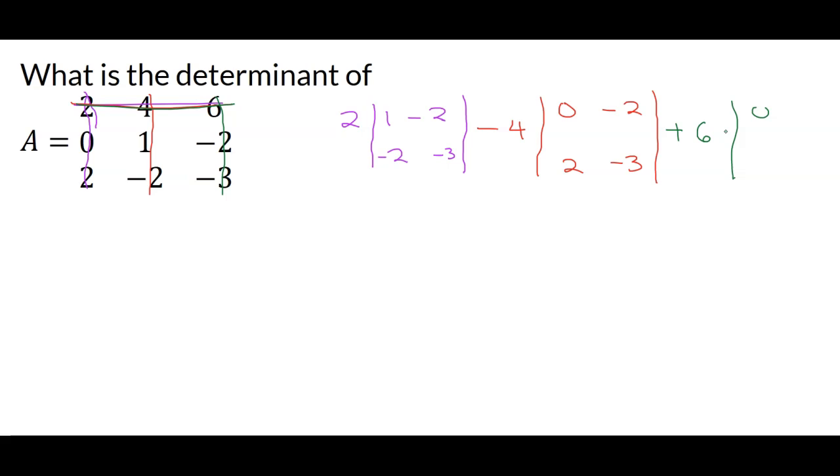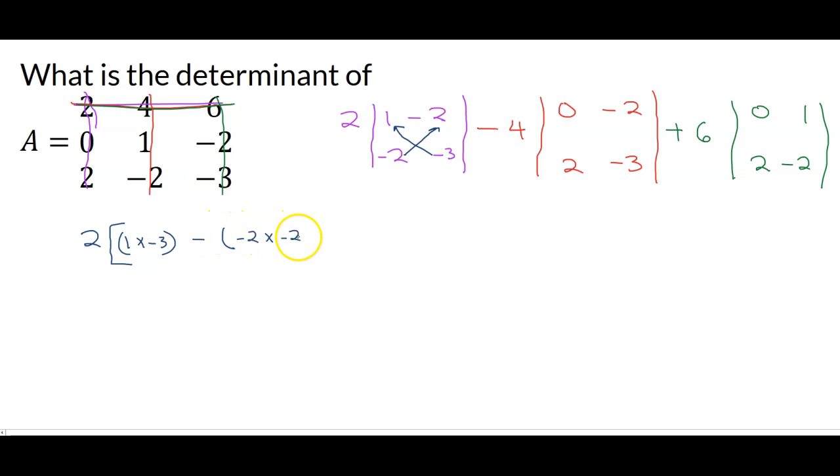So determinant is you're going to multiply this way and then subtract this way. So we're going to have 2, and then in here we have 1 multiplied by -3 minus -2 multiplied by -2. And then we're going to subtract here. So this is -4.